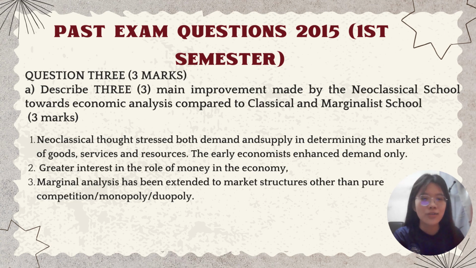However, the early economists stressed demand only. Secondly, according to the neoclassical school, there is greater interest in the role of money in the economy. Third, marginal analysis has been extended to market structures other than pure competition, pure monopoly, and also duopoly.